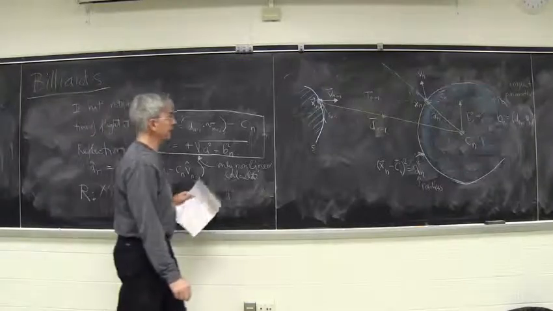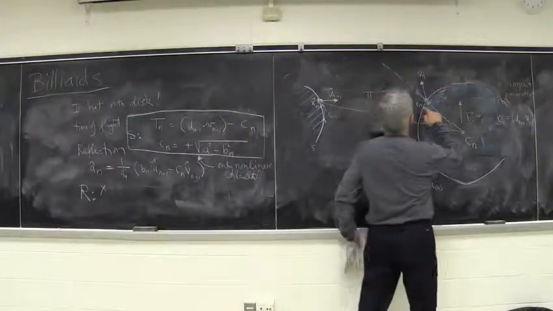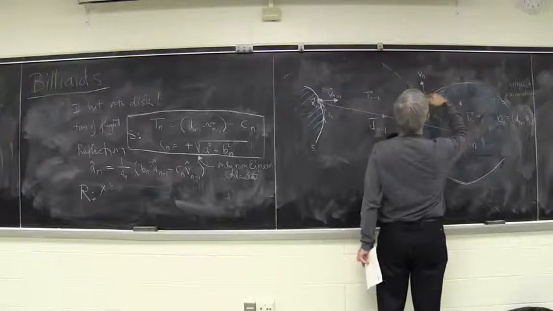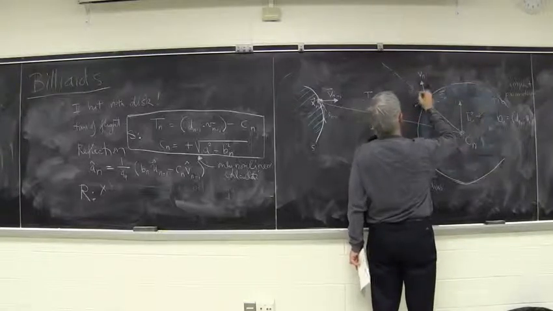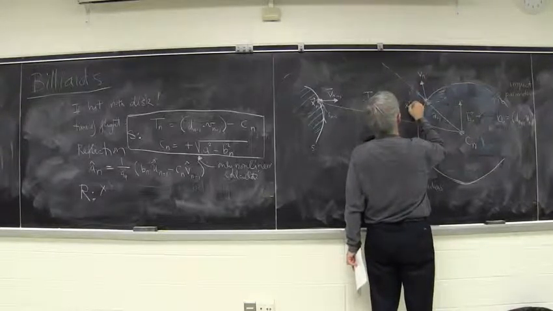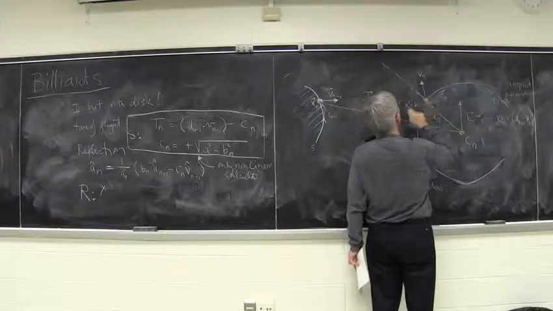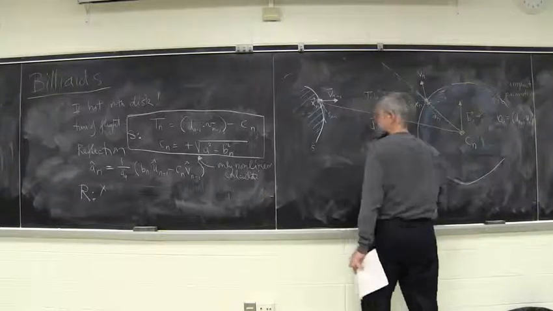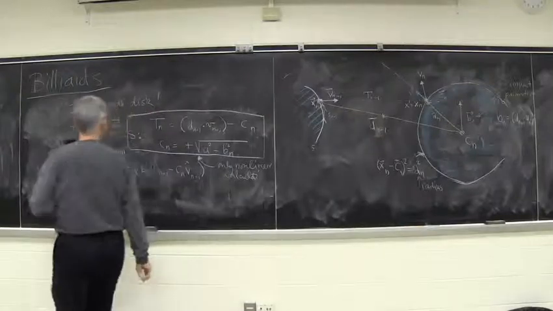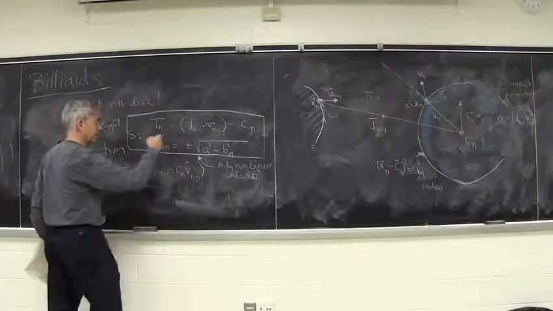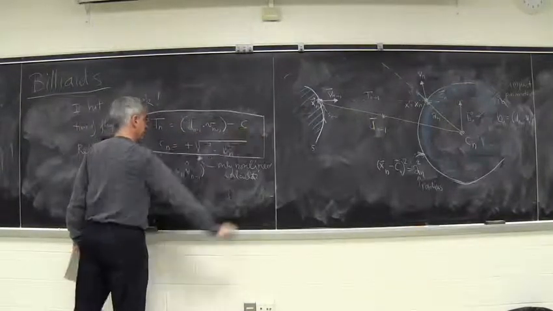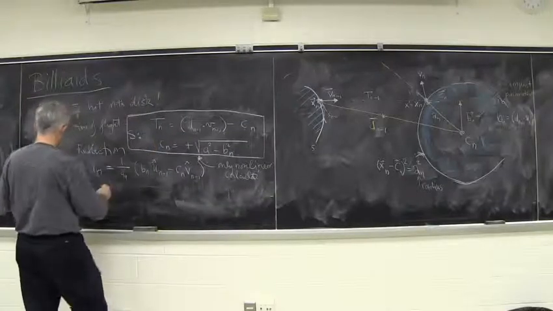What happens at the reflection is I can define the end point of this to be x prime. But in reflection, the position doesn't change, so that's the same. What didn't change here is the velocity. So we're just moving in space.